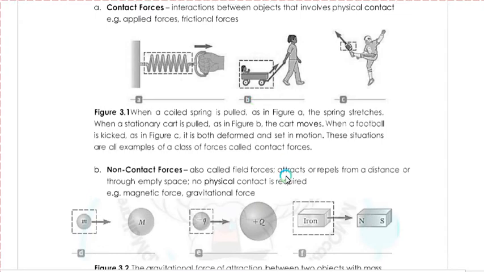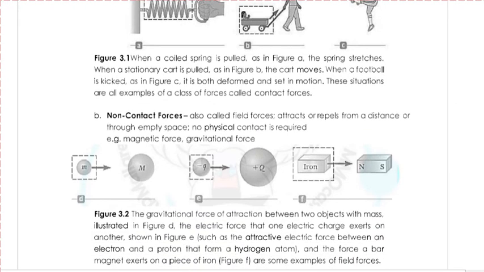So there are also mga non-contact forces nga pwede natin i-consider. So also called field forces. So attracts or repels from one distance or through empty space without physical contact required. So examples ni mga magnetic force, gravitational force, so wala kita dira may makita nga physical contact but still it affects sa ato nga body in consideration.